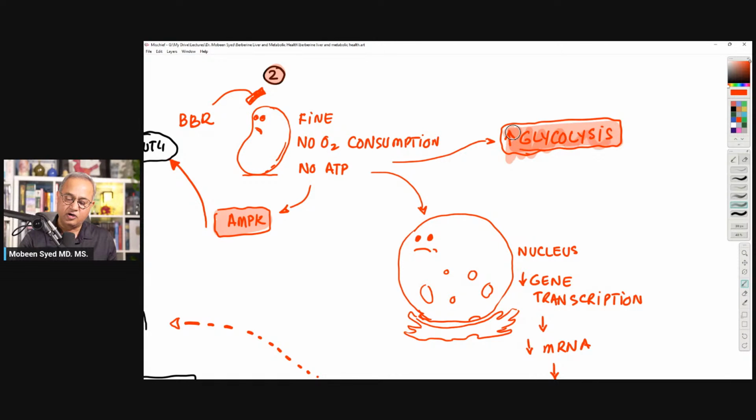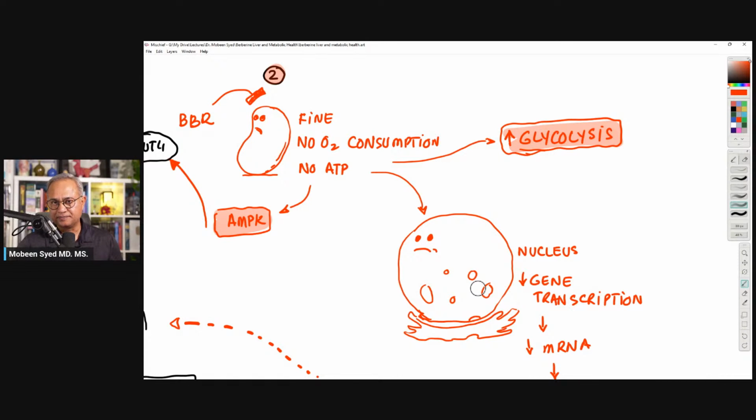That is called glycolysis. So you could ask, what is the benefit of breaking down the glucose inside the cell? Well, the benefit is that the concentration of the glucose inside the cell will reduce, which will allow more glucose to come in more easily, because glucose moves through the transporter channels along the concentration gradient. Glucose has to be more outside and less inside for the glucose to move in.